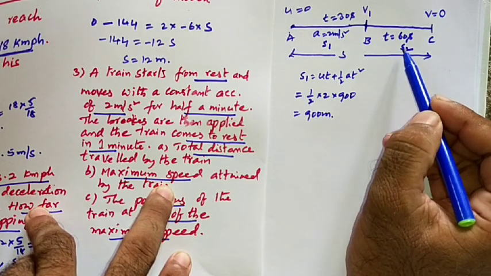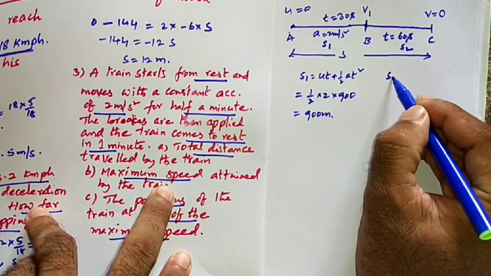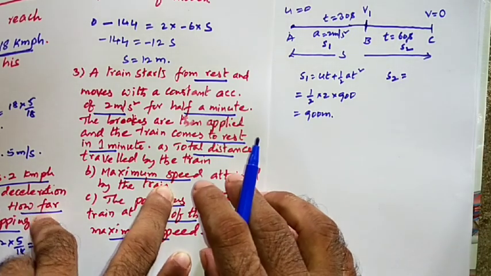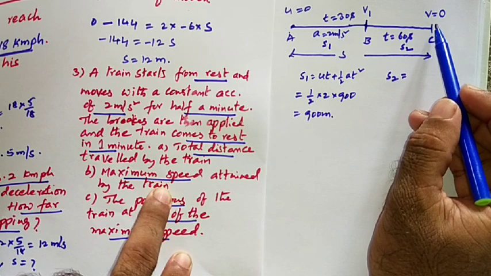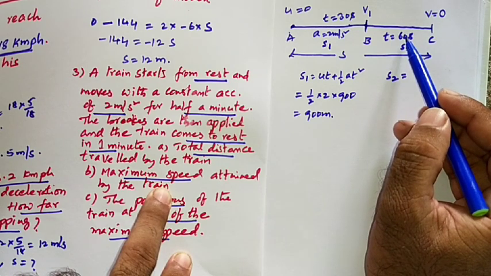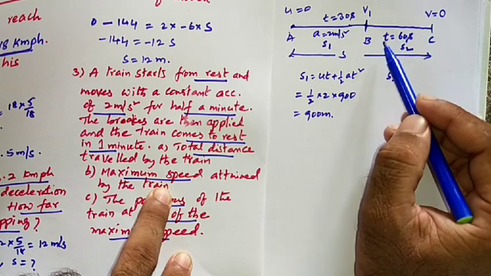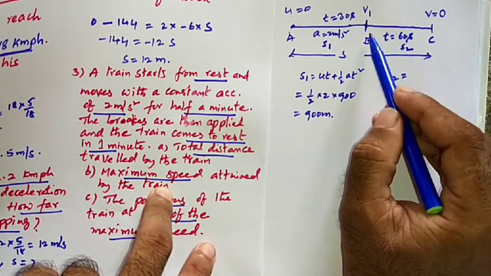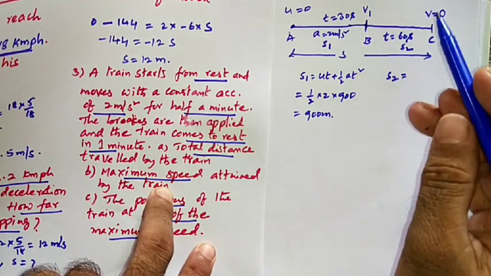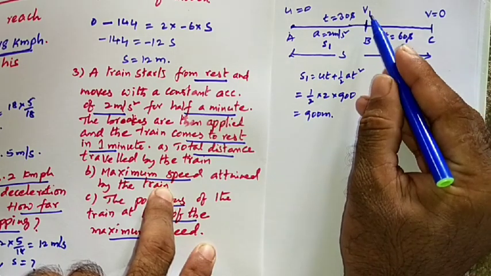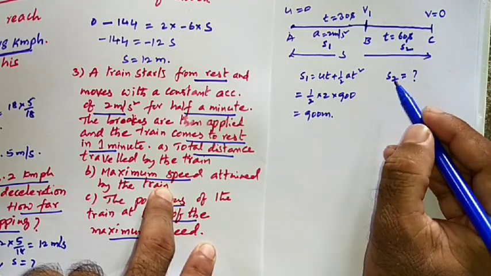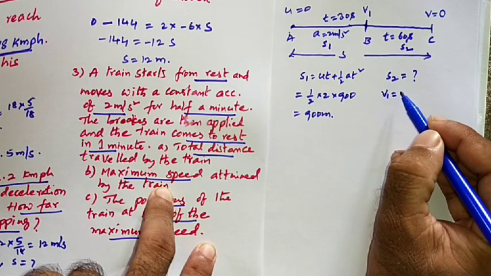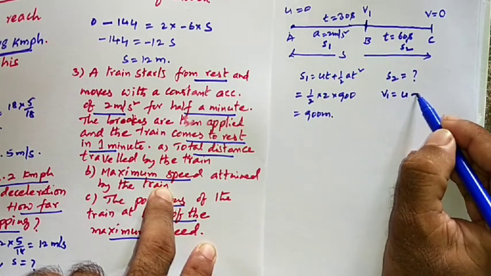Now I want to calculate S2. How can I calculate S2? I have final velocity, time. There is no retardation. Retardation is not given. Yes or no? First we want to calculate retardation. For that what we are going to do? First you calculate V1. V1 is equal to U plus AT.